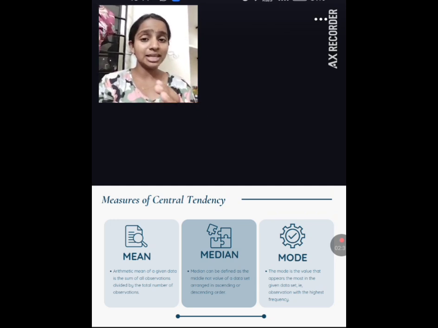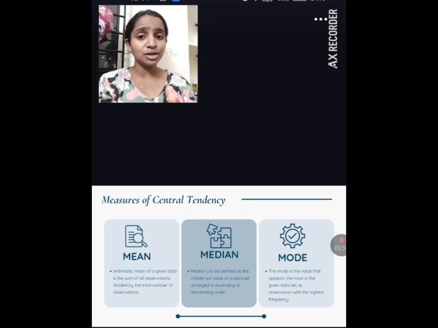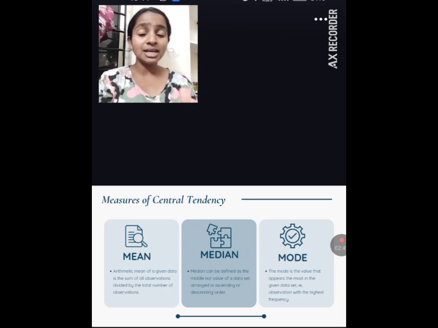As the word says, median is the middle value of the observations arranged in either descending or ascending order. The last one is mode. Mode is the highest frequency in a data set. Mode is the number which occurs most often in a given data set. Now we will discuss these three things in detail and how this helps teachers analyze the marks or scores of the students.